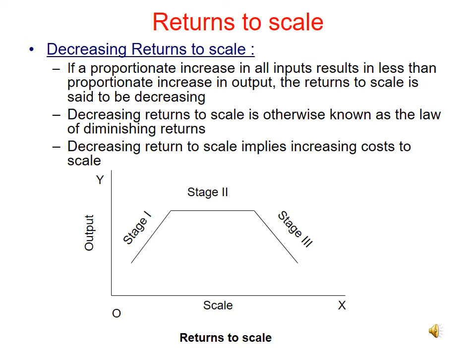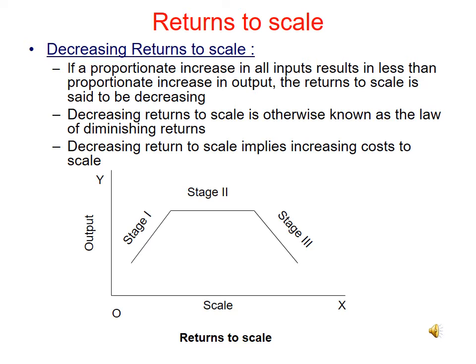Now, why does this decreasing returns to scale happen? Generally, when there is an increase in inputs, there should be an increase in output, but this does not always happen. After some fixed period, when we increase the input, output would not increase in proportion to that.